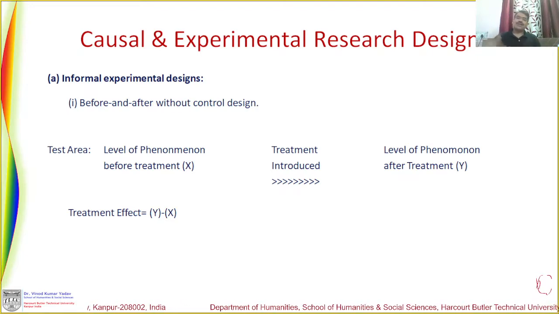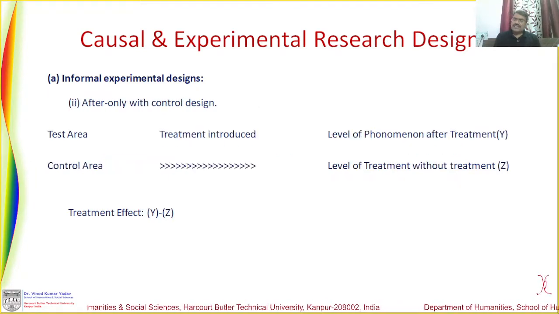So it means your hypothesis is rejected, it's not accepted, your statement is not correct, your understanding is wrong. So this is simple, one type of design where the common man applies before and after without control design, and we usually do it in routine.